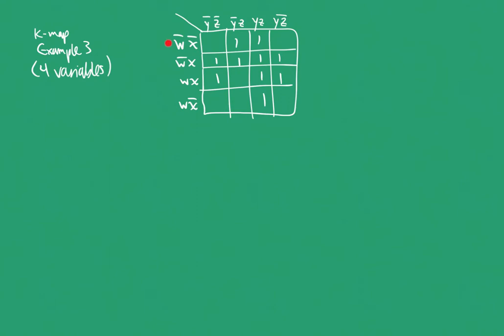And again, we're still following that principle of just one literal changing at a time, and the wraparound effect applies to the rows as well as the columns wrapping around.